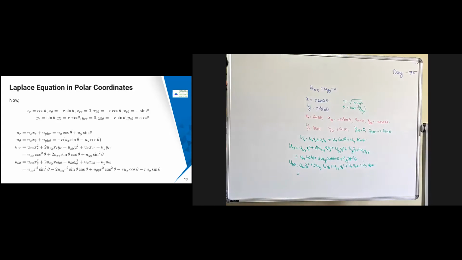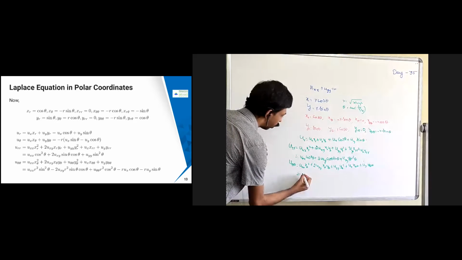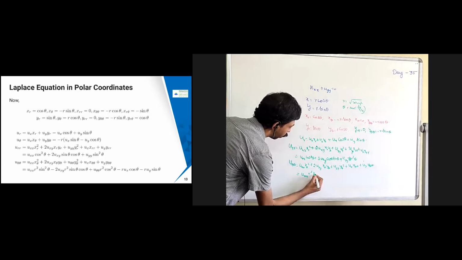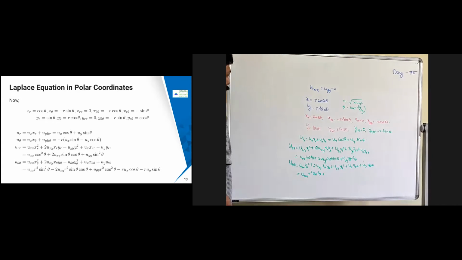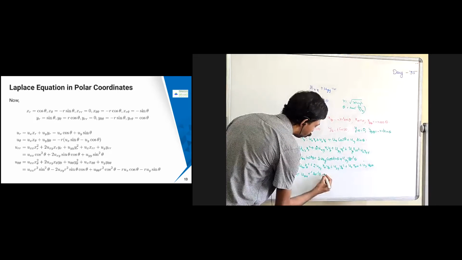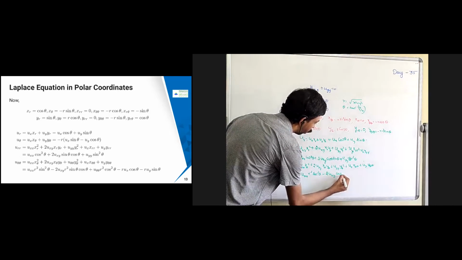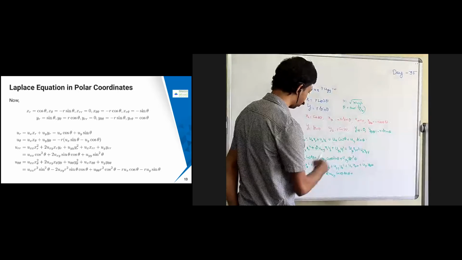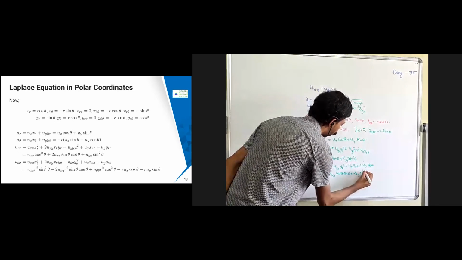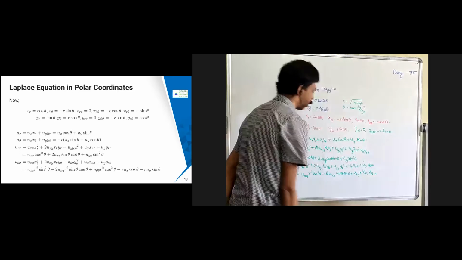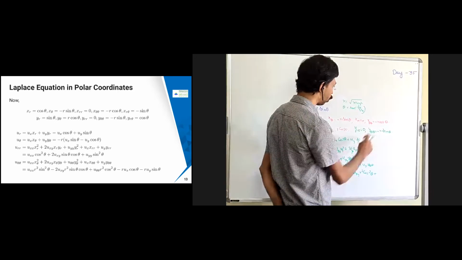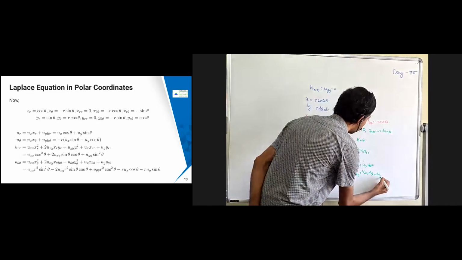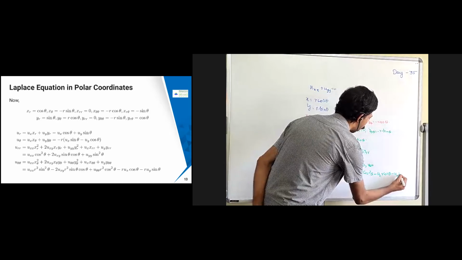So this becomes u_xx into r square sin square theta, minus 2 u_xy r square cos theta sin theta, plus u_yy into r square cos square theta, minus u_x into r cos theta minus u_y into r sin theta.